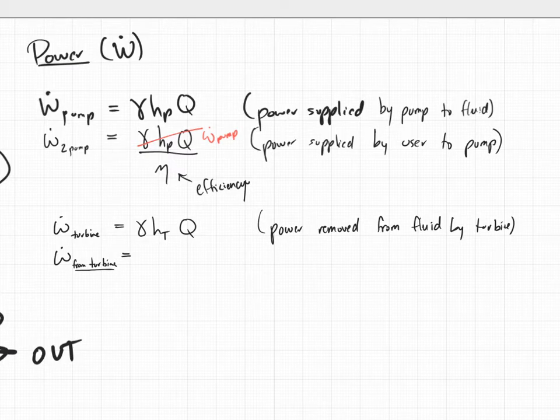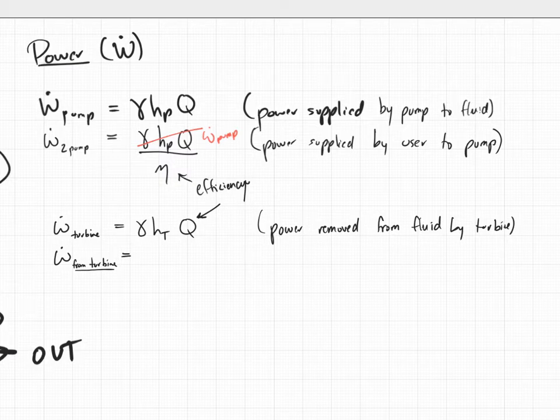So in this case, we've got this power coming from the turbine. Suppose up here I remove 100 kilowatts of power from the fluid. Every second we're removing 100 kilojoules, and that's what's being removed from the fluid.